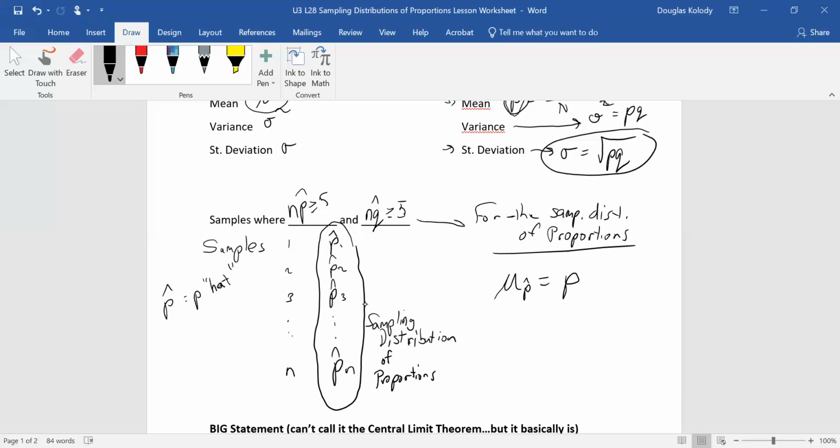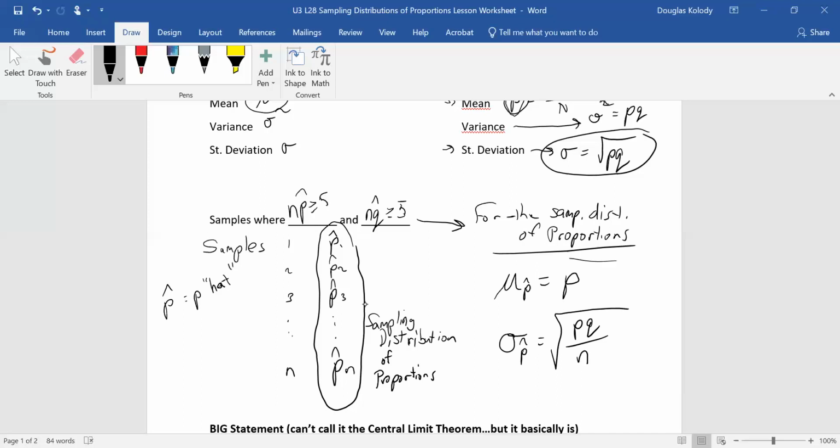So if n times p hat is greater than or equal to 5, and n times q hat is greater than or equal to 5, we can find this right here. It could be found that the mean of the sampling distribution is equal to the population proportion. It could be found that the standard error, aka standard deviation of the sampling distribution, is equal to the square root of p times q over the sample size.